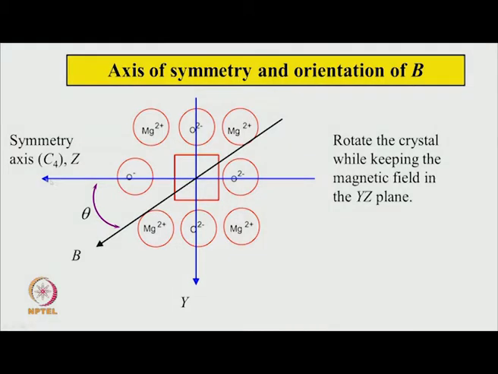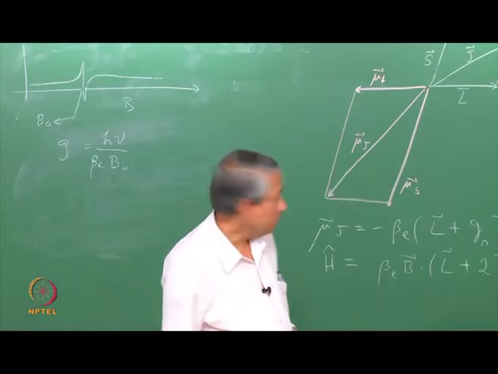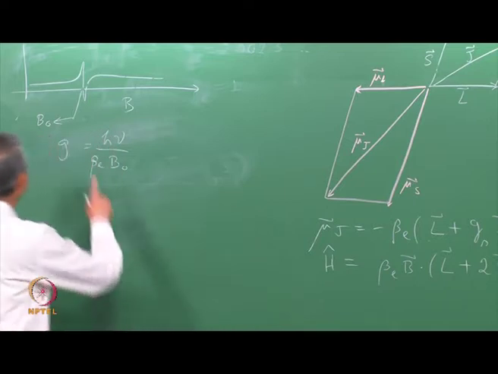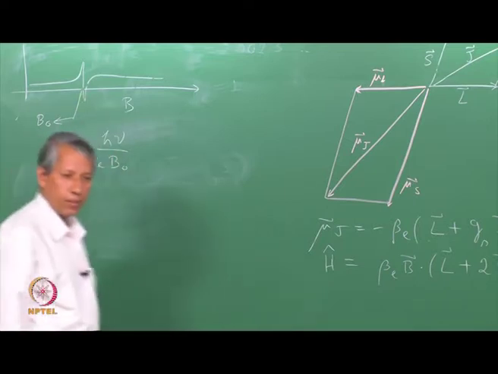On the other hand, here the interaction depends on the angle. If this angle is varied in the YZ plane, then the effective G is going to change, and that will be seen as the change of the line position.